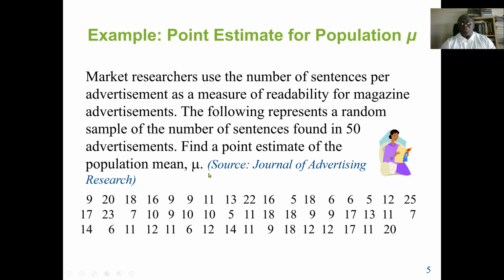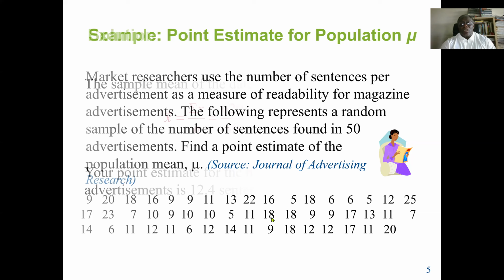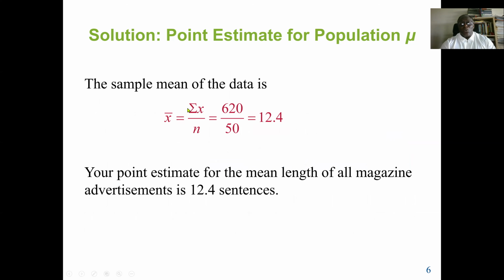A point estimate should be a single value of the sample, and we are going to apply the result to the population. So this is the data set given to us. There are 50 of them. So we are going to add all these 50 values and divide by 50. When we add all the values, we get 620.